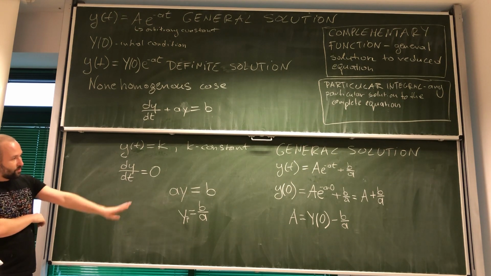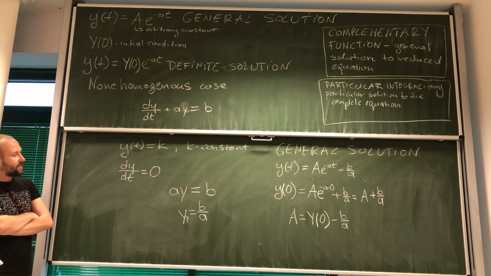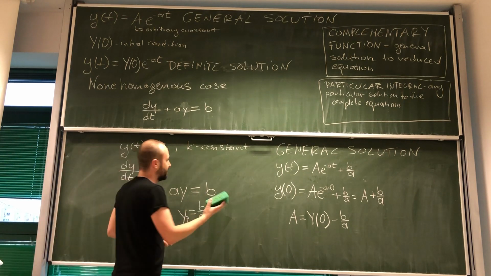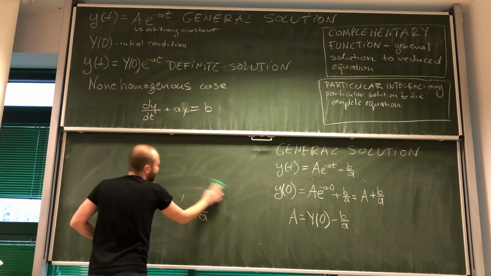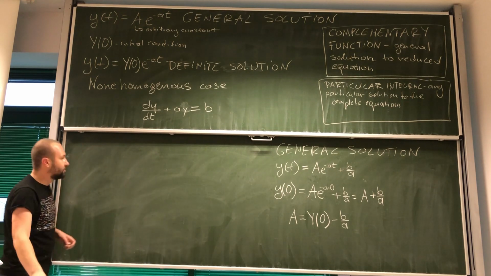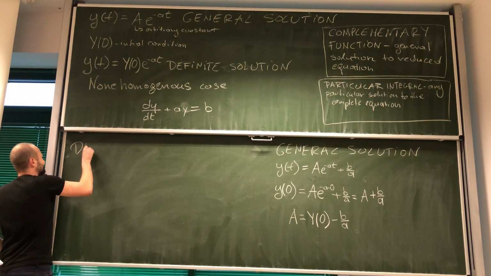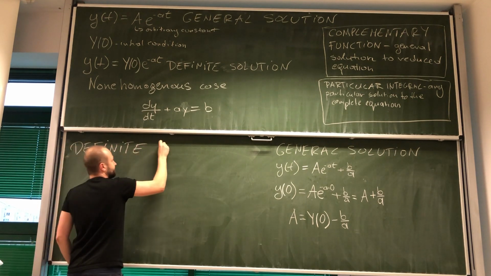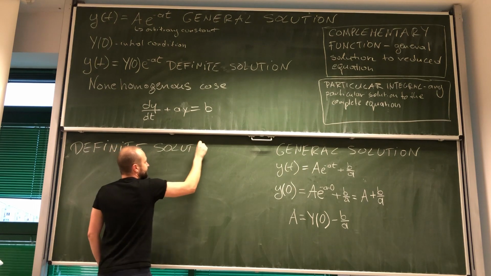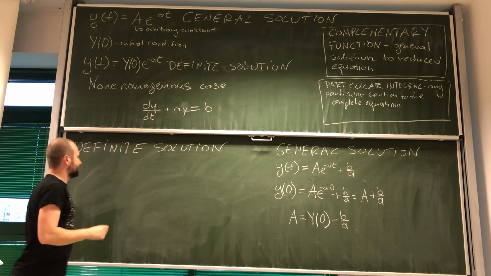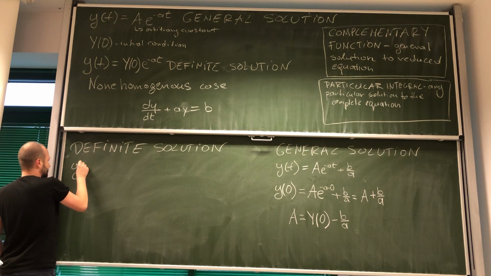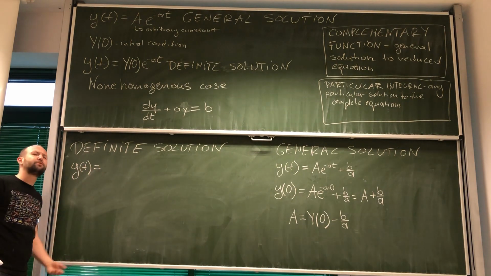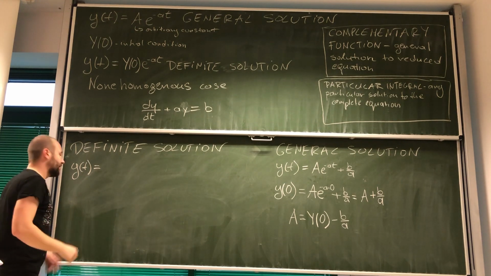And this is something we can substitute back into the general solution and obtain the definite solution to the non-homogeneous equation. This definite solution is y of t. Remember, this is a time path. I'm probably going to be repeating this to you very often.